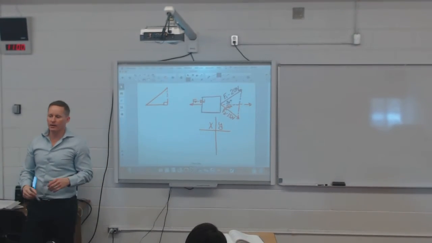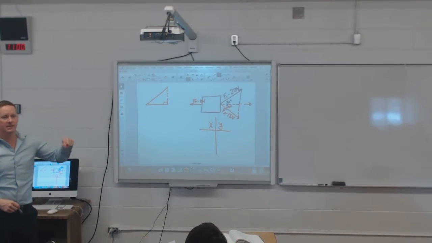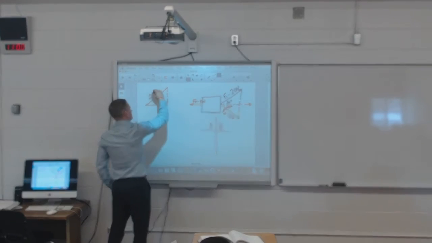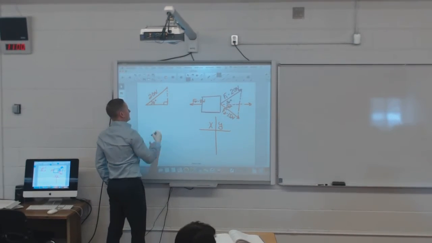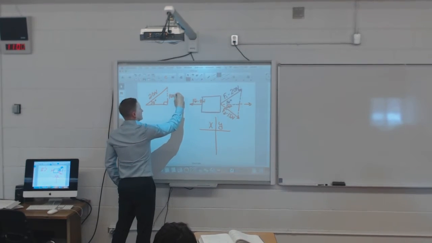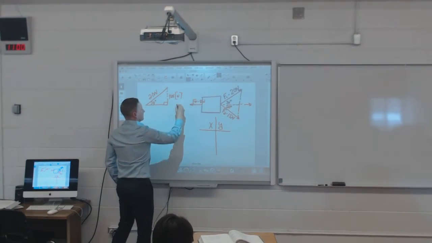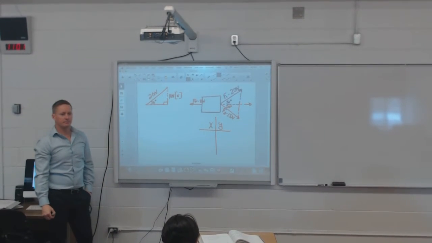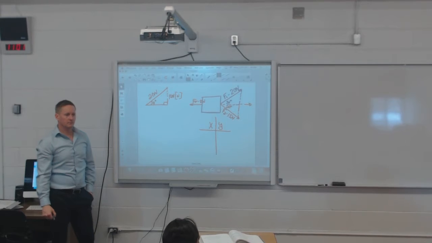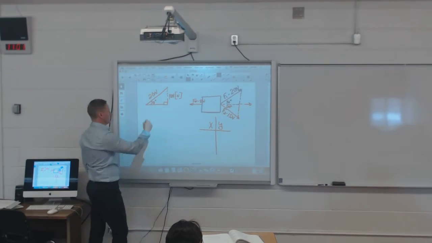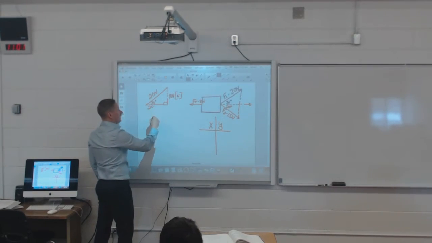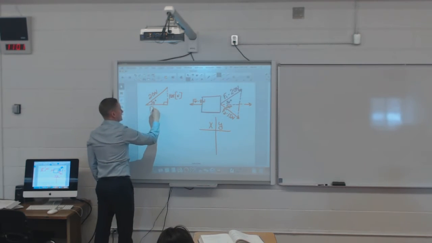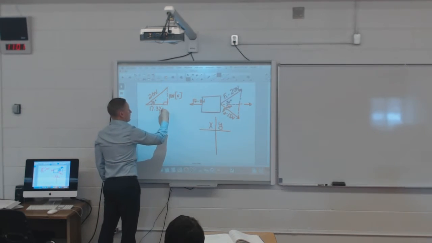Just because of the way I drew it, I'm going to say one's north, one's east, one's south, one's east. Okay, so here's how it works. I've got 20 newtons and 30 degrees right here. That means this is 10 newtons up, to the north. Agreed? Okay, take the cos of 30 and times it by 20. 17.321 newtons.